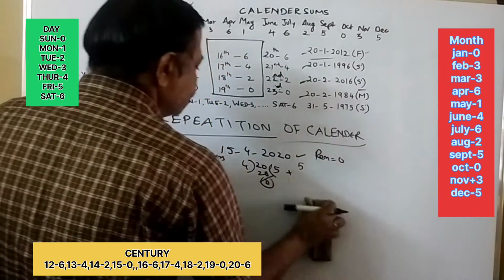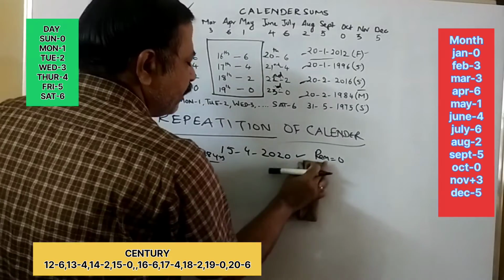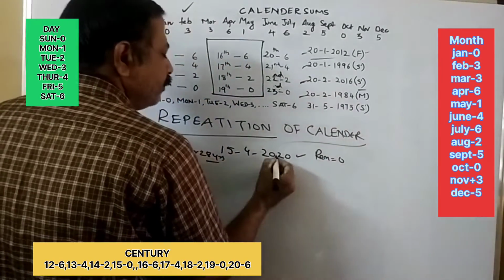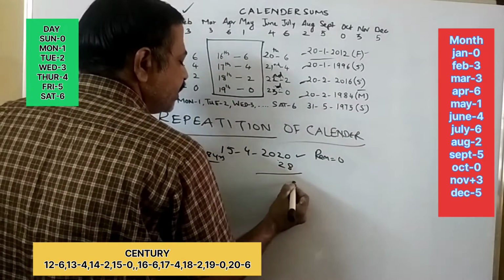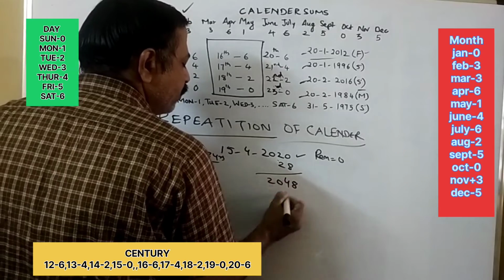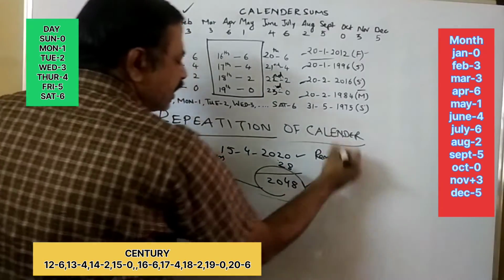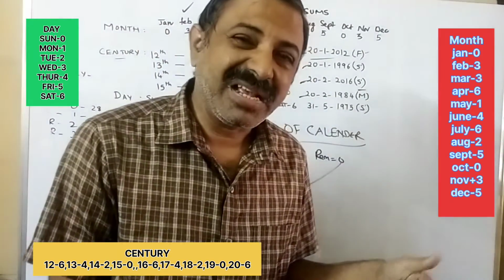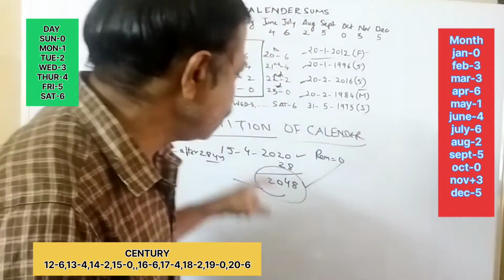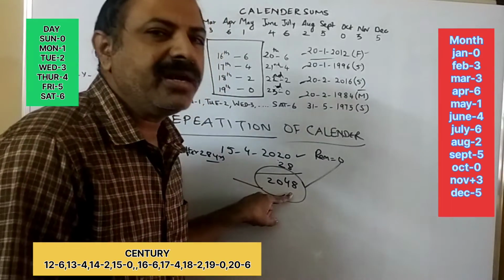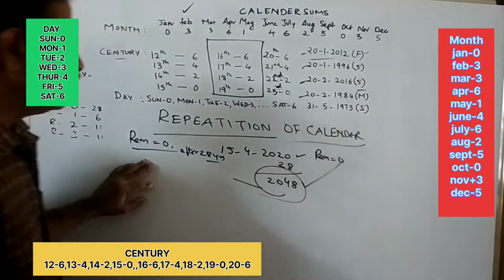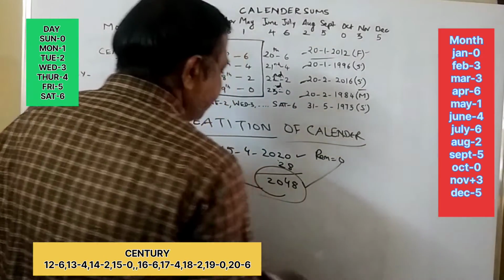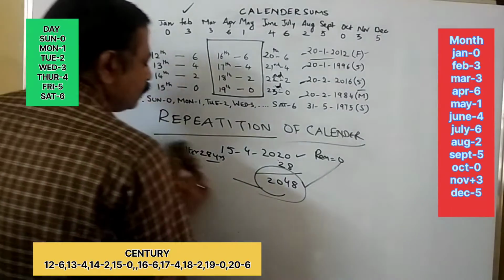We need not do all these things now because we are getting remainder 0. We have to add 28 years, that is 8, 4, 20, 48. The 2020 calendar repeats itself in 2048 as the remainder is 0.